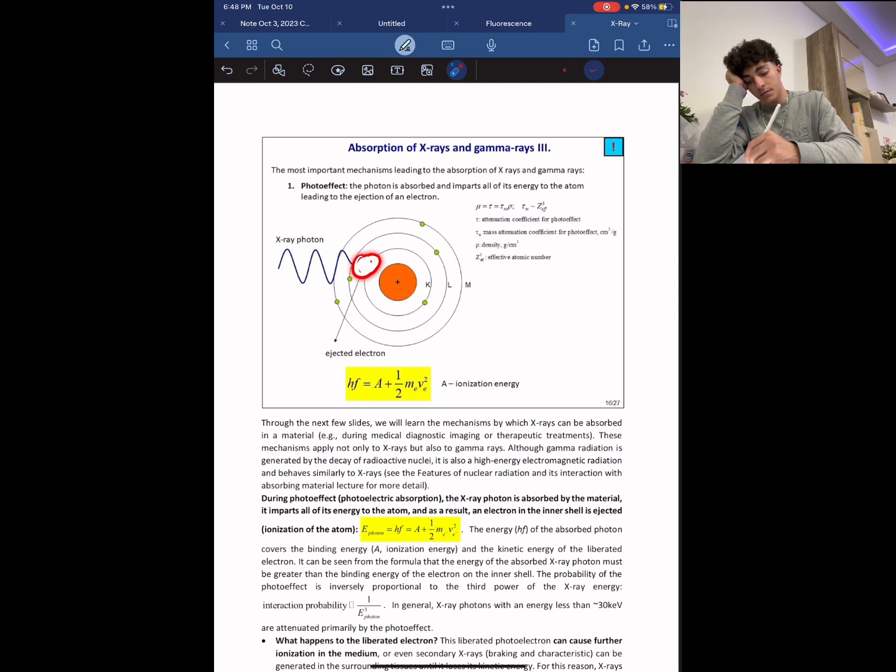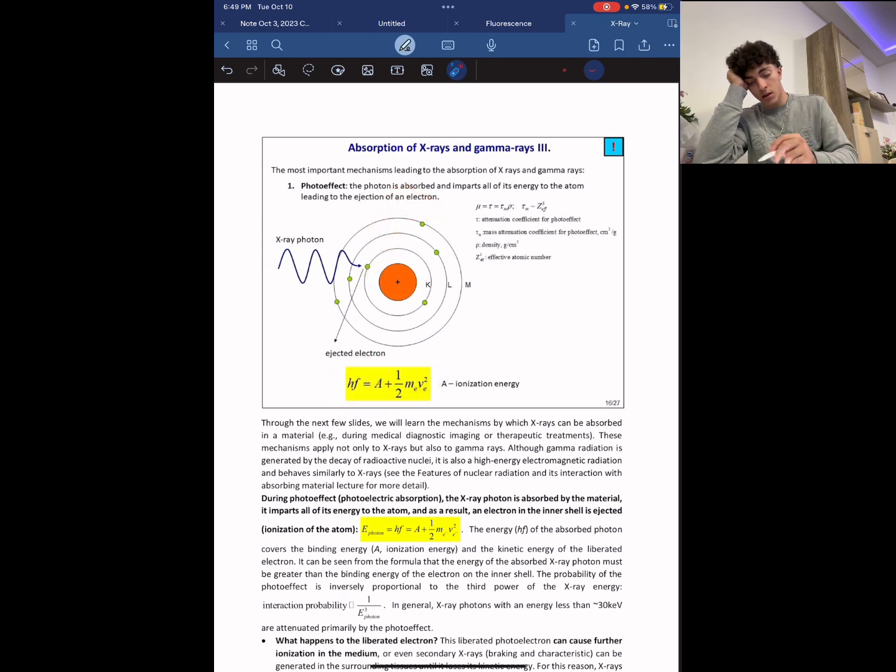Kind of like a characteristic X-ray, but don't get it confused. This X-ray photon hits this electron. This electron gets ionized. What do we say happens when it's ionized? It turns into kinetic energy. Okay, so this A represents ionization energy, or you could say work. So you're going to have work, the ionization energy, plus the kinetic energy.